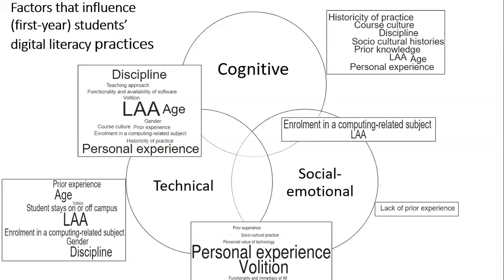So what students are doing in their technical dimension, they may be using a particular technology or application software because they've got to make use of it in their course, or that's a requirement of their course. The cognitive, they may also be doing a lot of evaluating information and so on.